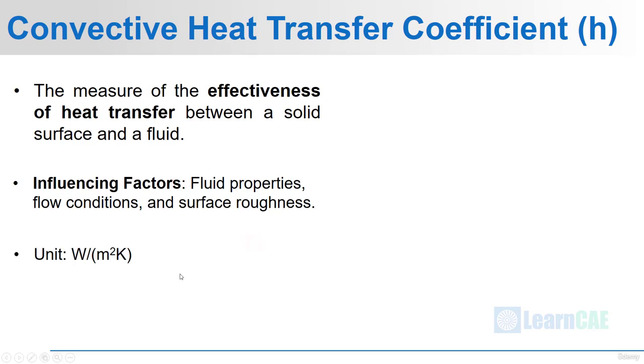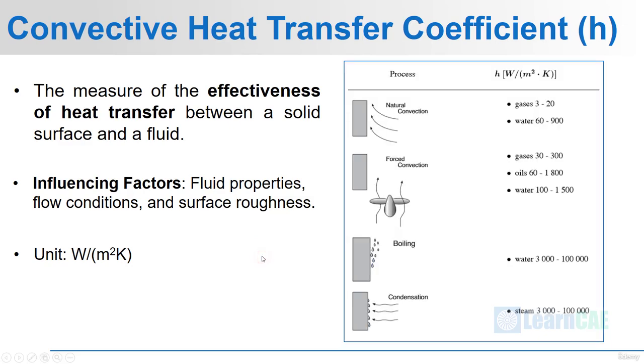The unit is watt per meter square per Kelvin. Some typical values of h are given here. For natural convection, the h value will be in the range of 3 to 20 for gases and 60 to 900 if it is water. And for forced convection, it will be higher. You can see the numbers here for gases, oils and water. And for boiling and condensation process, the value will be still higher in the range of 3000 to 100,000.